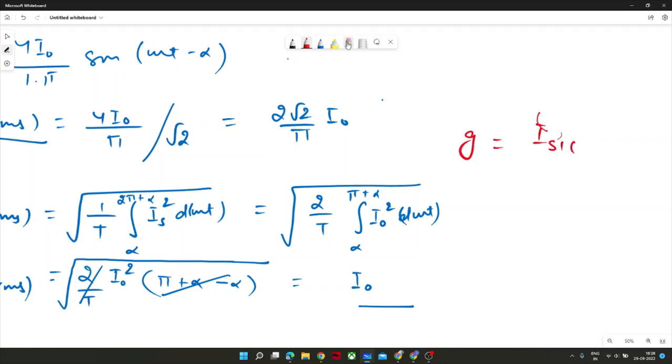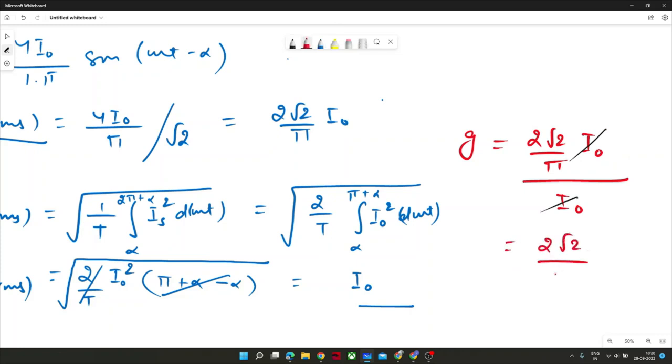IS1 RMS was 2 root 2 by pi I naught, divided by IS RMS, which is I naught. So I naught and I naught get cancelled, and G will become 2 root 2 by pi. So this will be your distortion factor for this problem.